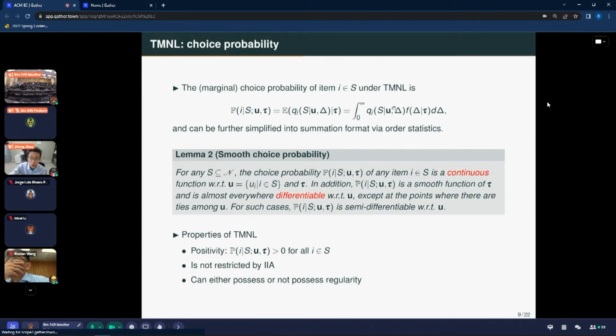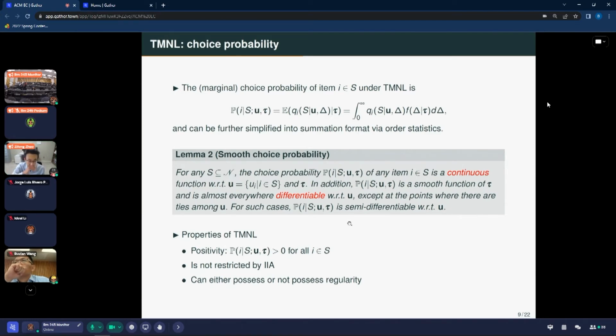Because we introduce this randomness inside this delta, and we write this whole thing in an integral form, you'll find that although this Q is a discontinuous function of U and delta, the discontinuity only happens on an infinitesimal set. So although there is this discontinuity in the integral, after I integrate everything out, this choice probability is actually continuous, and it is not just continuous; it is also almost everywhere differentiable with respect to U, and differentiable with respect to tau.